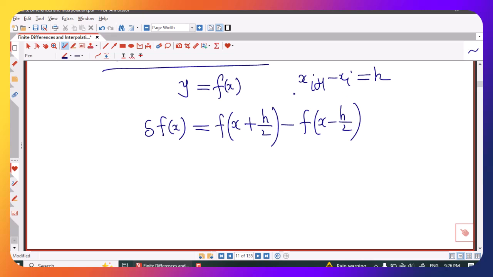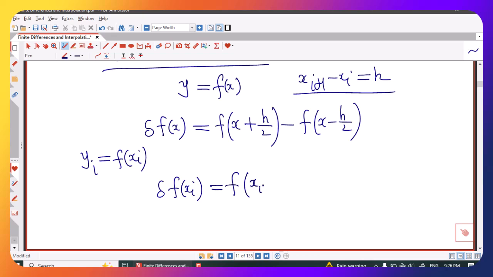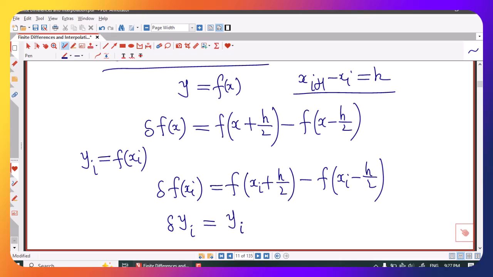And in these notations, suppose we are using yi is the notation for value of f at xi, then delta f of xi is f of xi plus h by 2 minus f of xi minus h by 2, and instead of f of xi, if we are using yi, then this is nothing but y at i plus 1 by 2 minus y at i minus 1 by 2, where yi is f of xi and y at i plus 1 by 2 is f of xi plus h by 2.